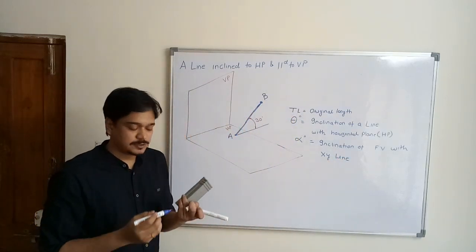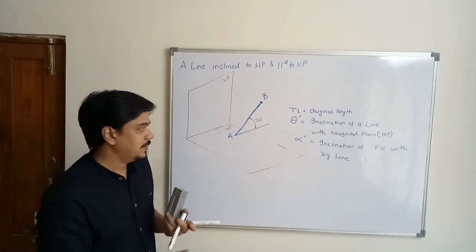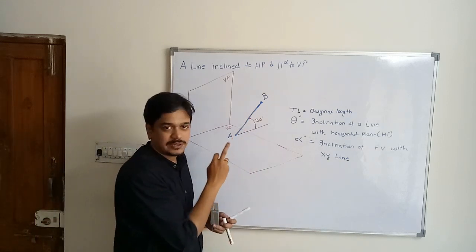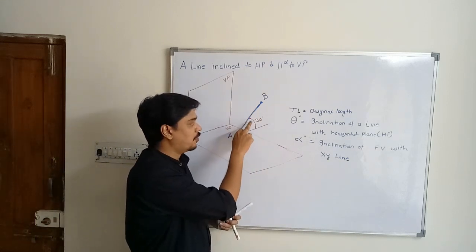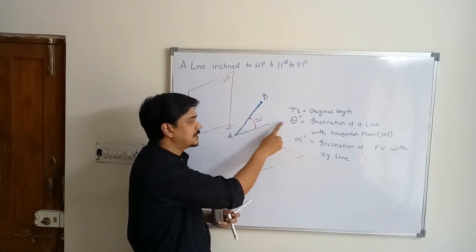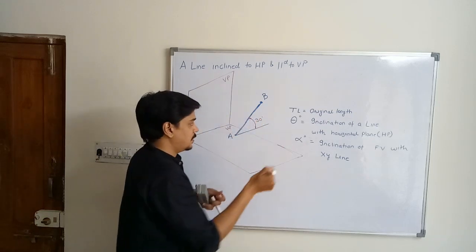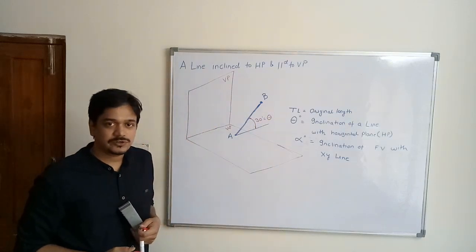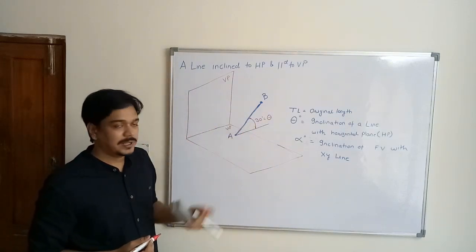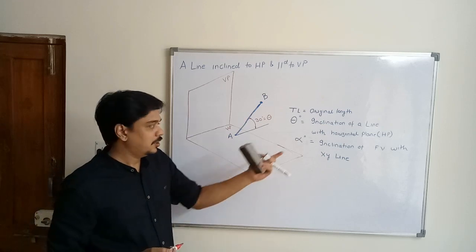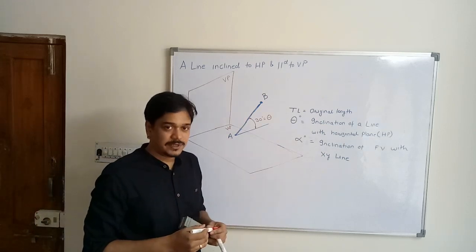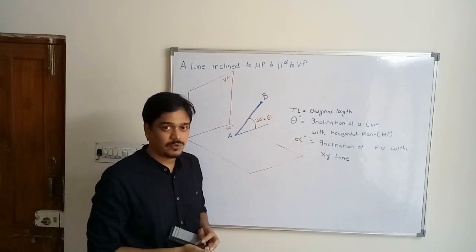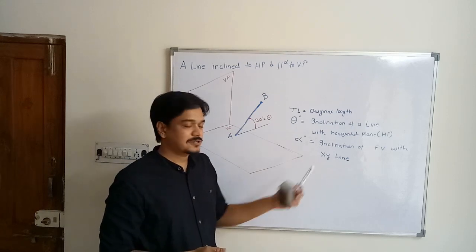Can you identify the difference between theta and alpha? So theta is the actual inclination of a line with horizontal plane. So in this case theta is 30 degrees. Actual inclination of the line with the horizontal plane is indicated by theta. Now what is alpha? Alpha is the inclination of the front view of the line with XY line.